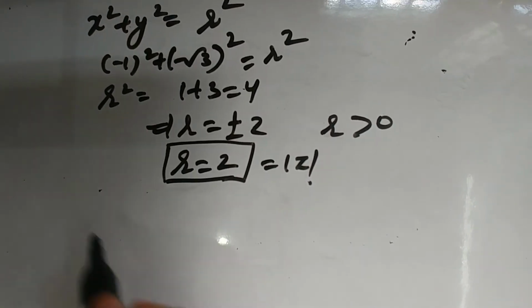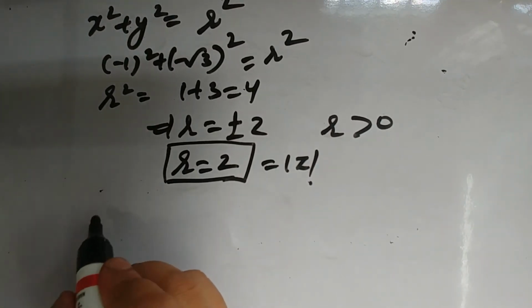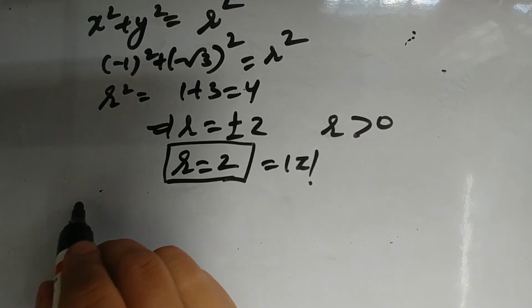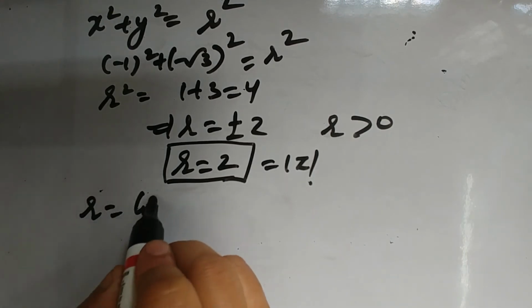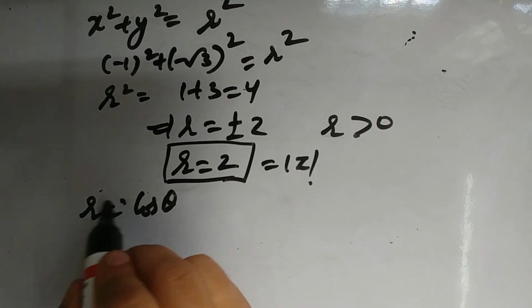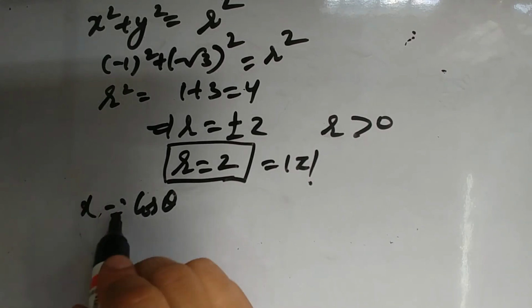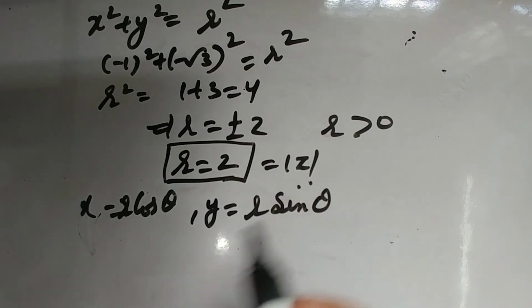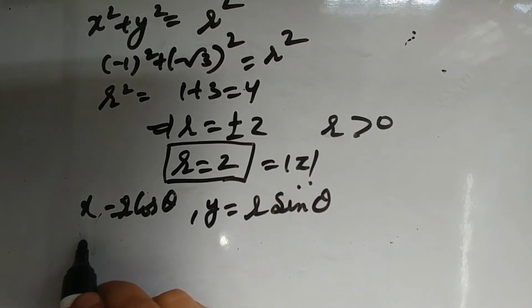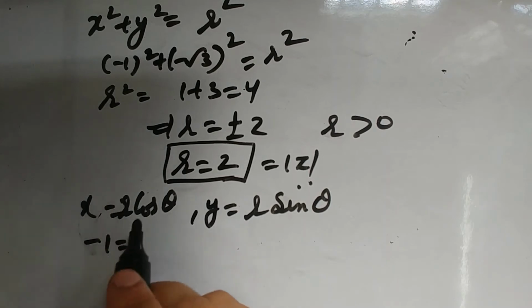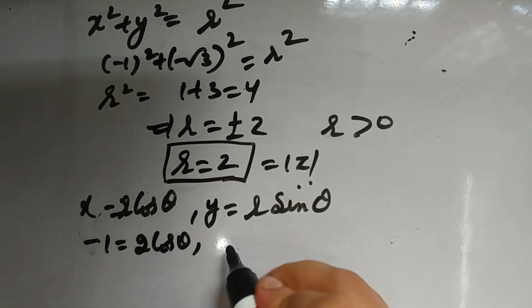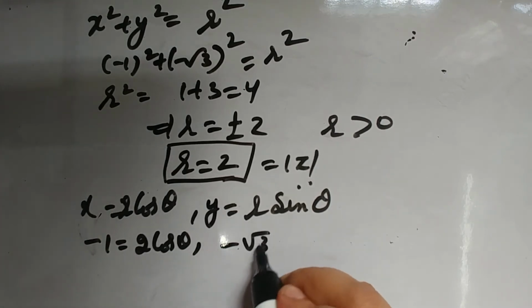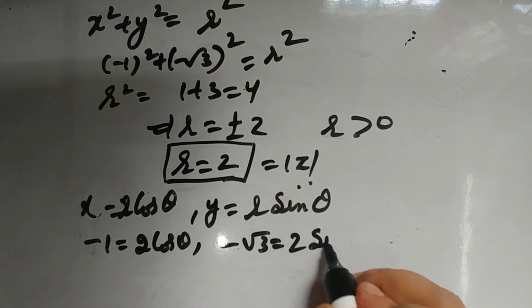Okay, now let us search for the argument. Now put it back in x equal to r cos theta and y equal to r sin theta. So x here is minus 1, equal to 2 cos theta, and minus root 3 equal to 2 sin theta.